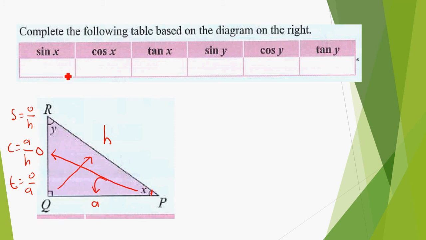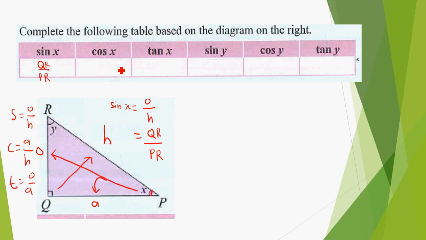So sine X equals opposite over hypotenuse. The opposite is QR, over the hypotenuse PR. So the answer here is QR over PR.